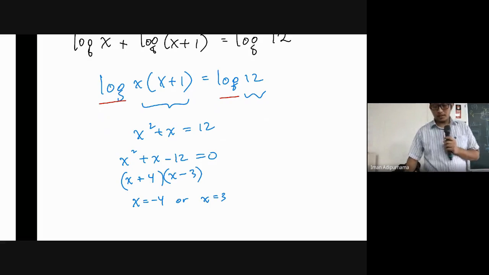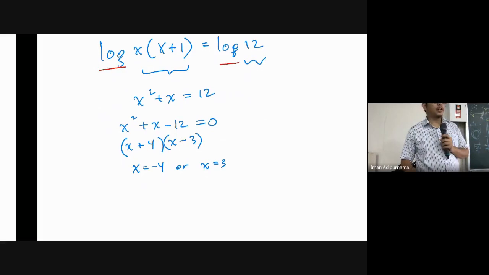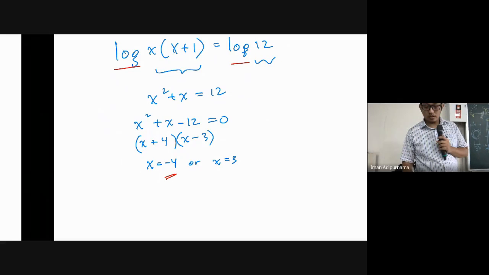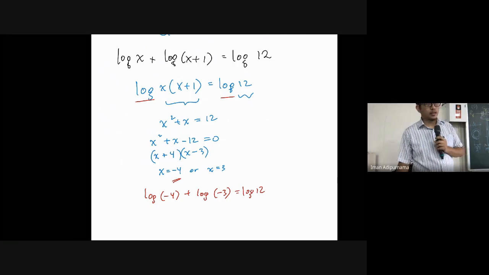But do our calculations stop here? We also need to check the domain, because if it is not in the domain, then it's not our answer. So let's check negative 4. Log of negative 4 plus log of negative 3 equals log 12. If you use any calculator, you can try until the end of time, you will not get the answer.